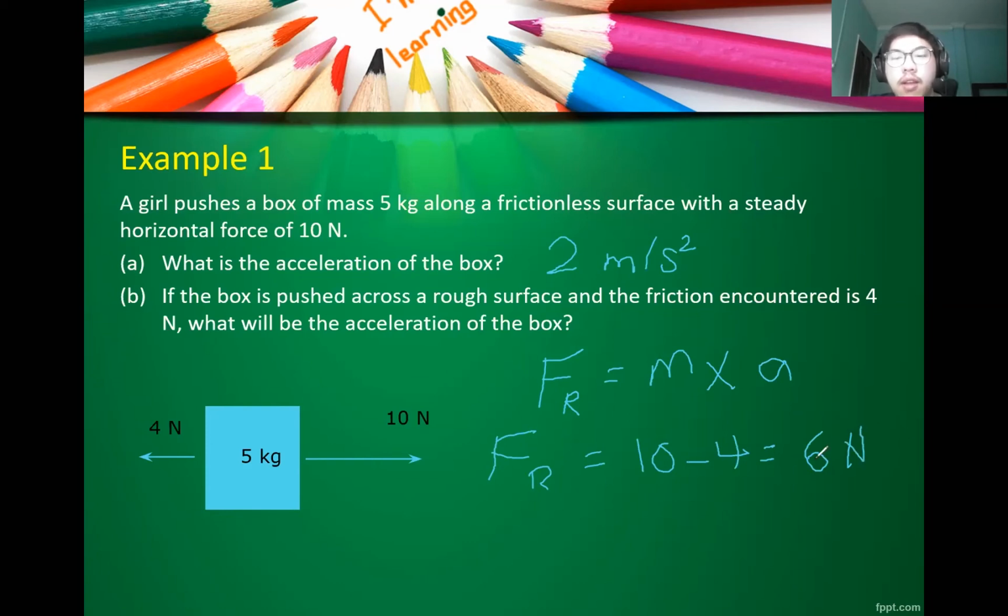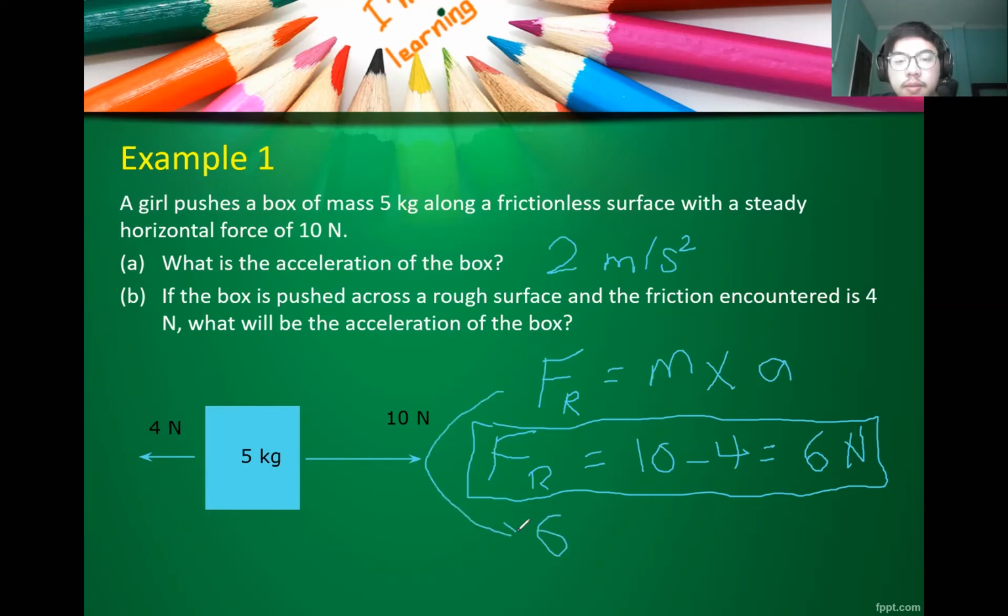So we figured out what the resultant force is. Now we come back to the formula, Fr is equal to ma. Fr is equal to 6, the mass is still 5, and the acceleration is the thing that you want to find.